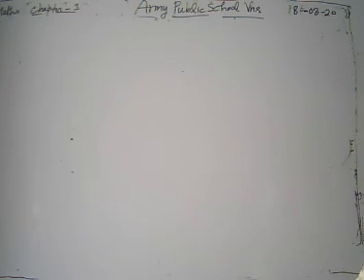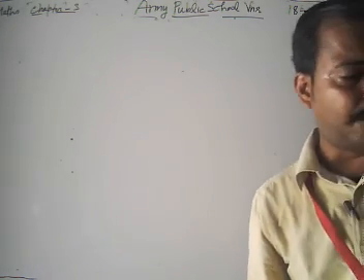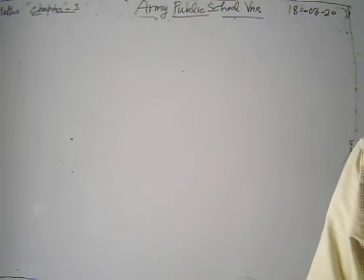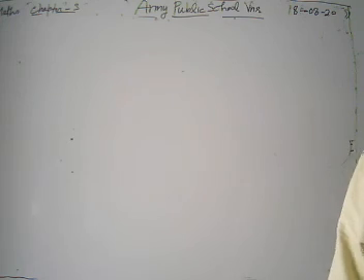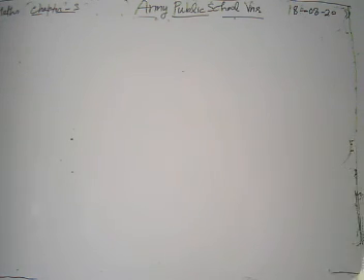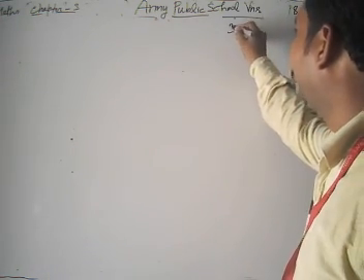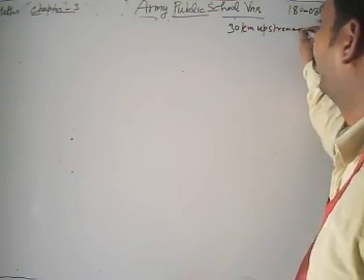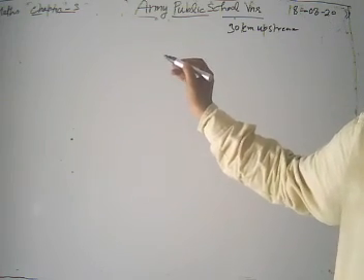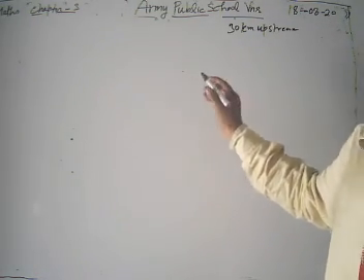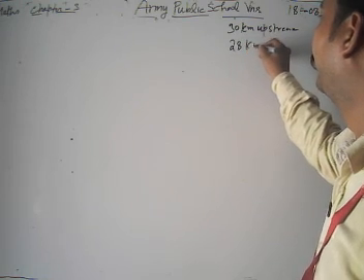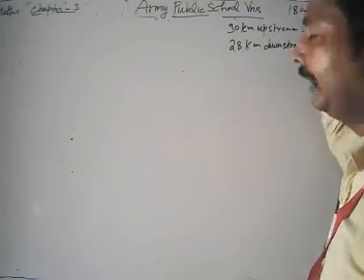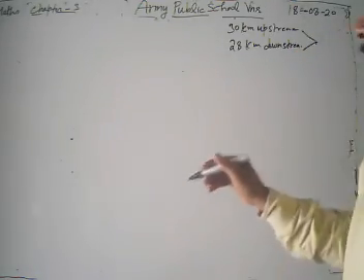It's given that Anil is sitting on a boat which goes 30 km upstream and 28 km downstream in 7 hours. Look here, given that Anil goes 30 km upstream and 28 km downstream, and it takes 7 hours.